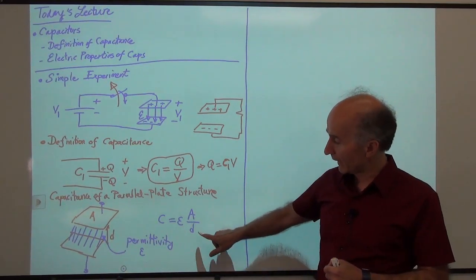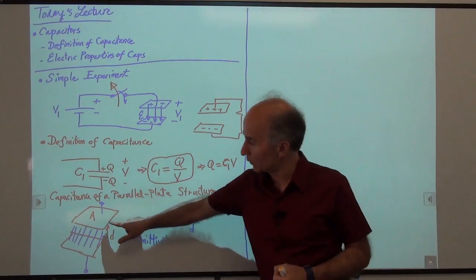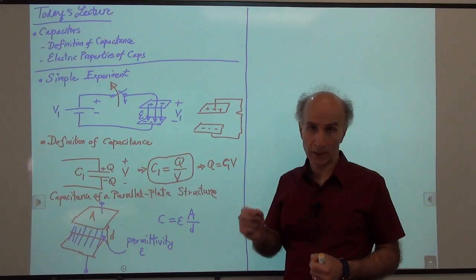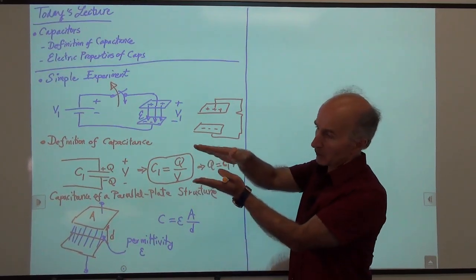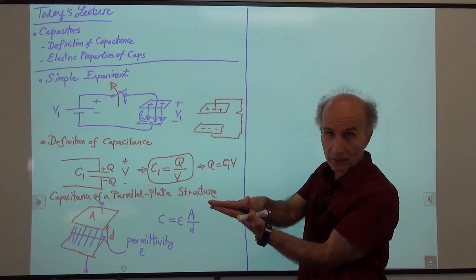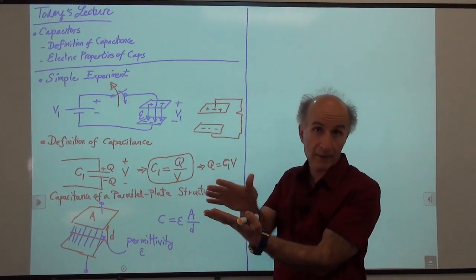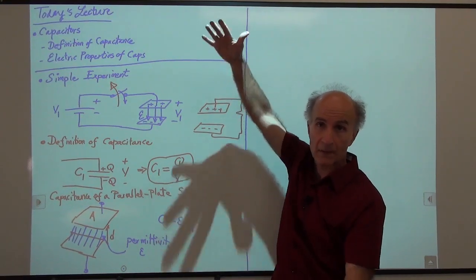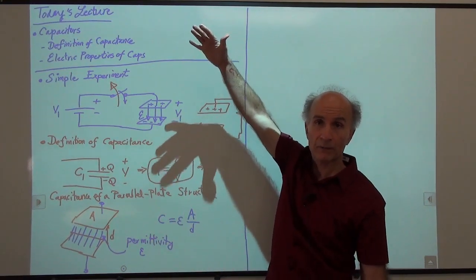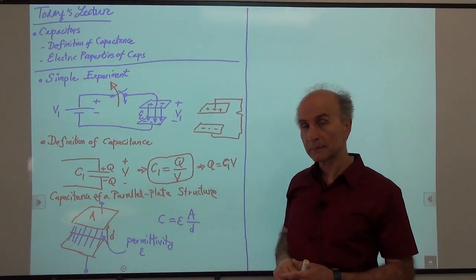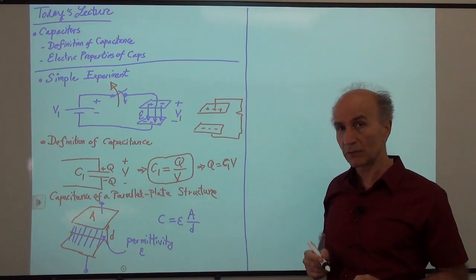It also says that as the distance between these two plates decreases, the capacitance increases. So as you bring the two plates closer and closer, the capacitance increases. Again, if the capacitance is bothering us, we have to increase the distance, so that as these go farther and farther from each other, the capacitance will be minimized. Those are the basic things we need to understand.